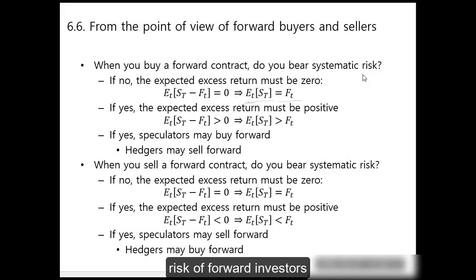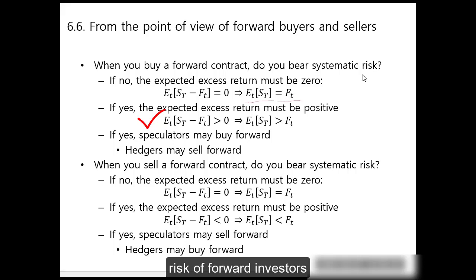However, if there's risk, then we have a different situation. That is, if there's risk, then the expected spot price is higher than the current forward price, which means that you, in fact, expect to make profit. So how does that make sense?